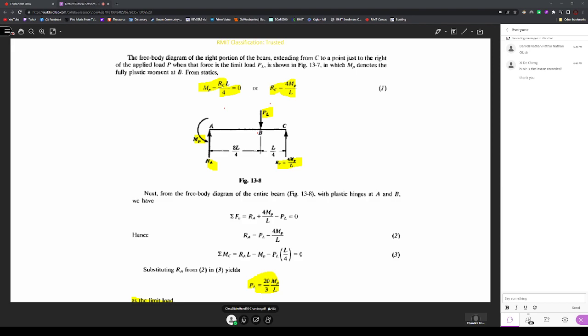Here we can say that within the structure, the sum of moments acting will be 0. Therefore, plastic moment minus the moment due to the load RC, which will be RC into L by 4.